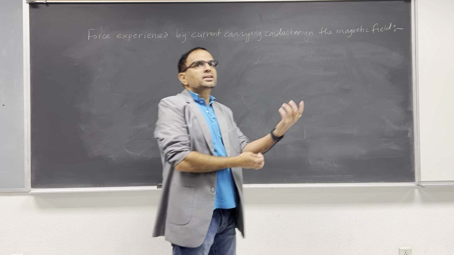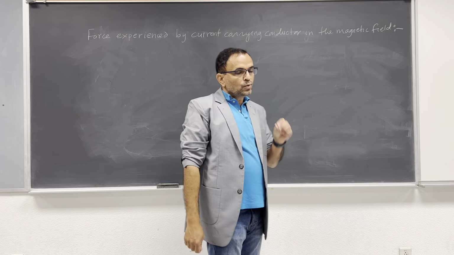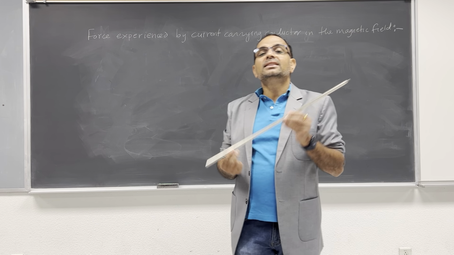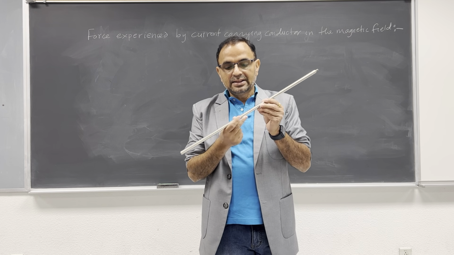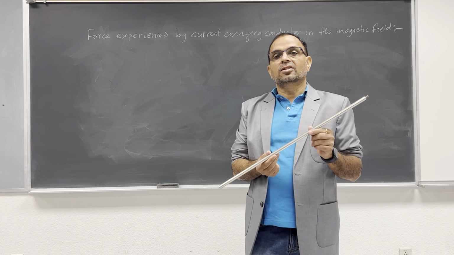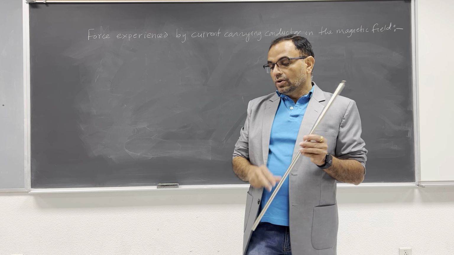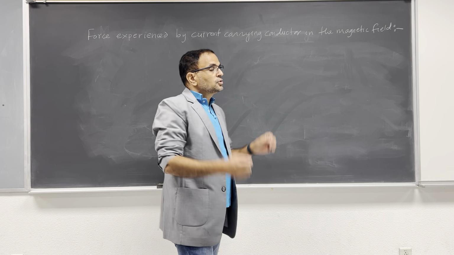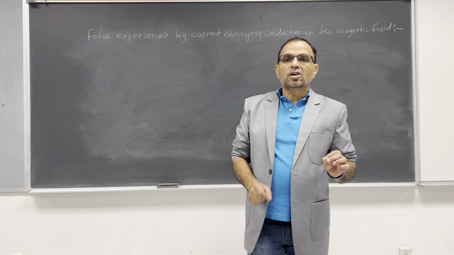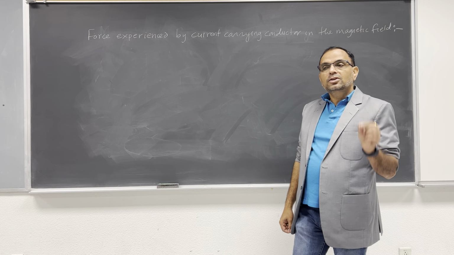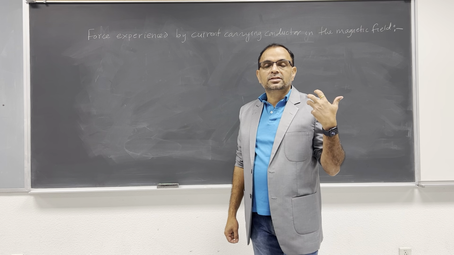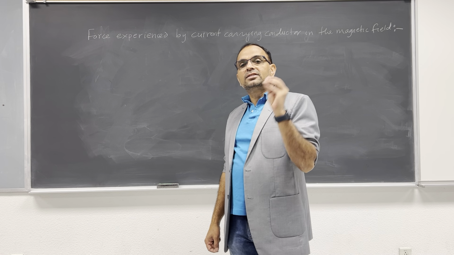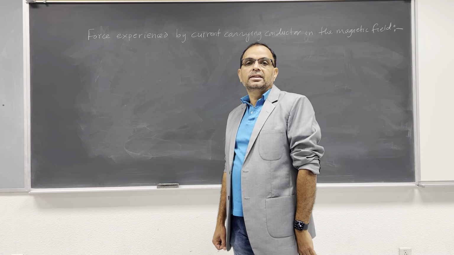It is experimentally found that if we keep the conductor inside the magnetic field, and this conductor must carry the current, so the current carrying conductor inside the magnetic field experiences a force. In other words, you can say that the magnetic field exerts a force on the current carrying conductor.